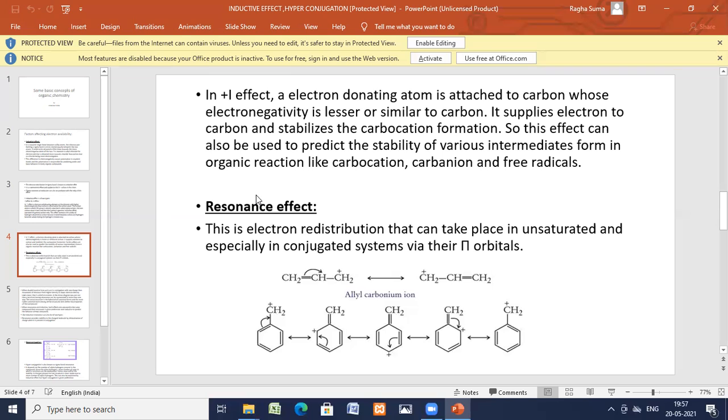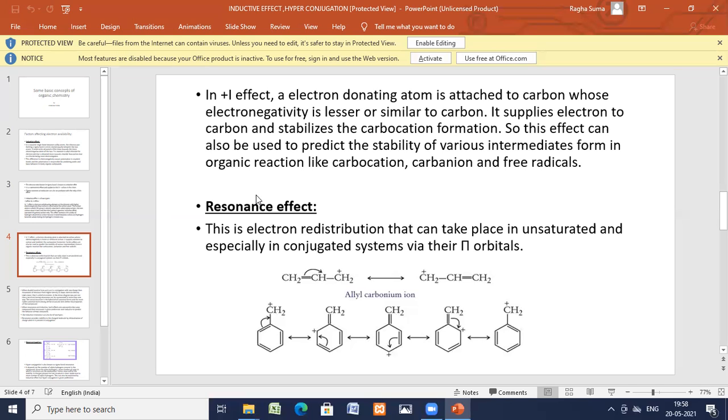More electron density. Thereby the acidity decreases. If minus I group is attached to the acid, it takes away the electrons. Therefore, the H plus ion is released. If minus I group is attached to the acid, electron density decreases, acidity increases.